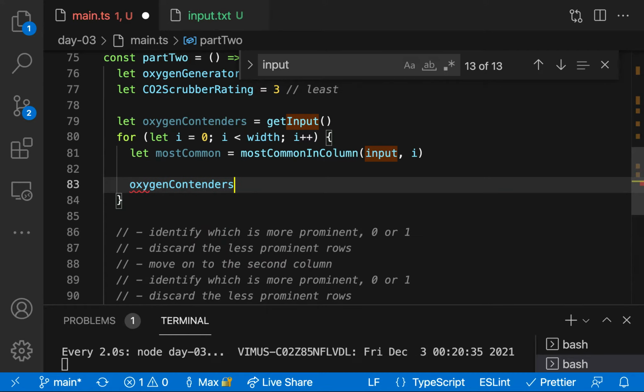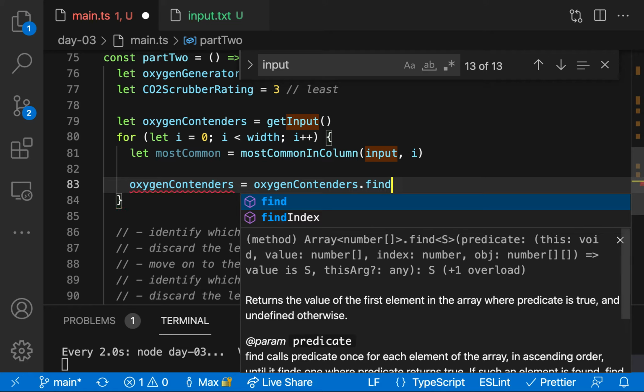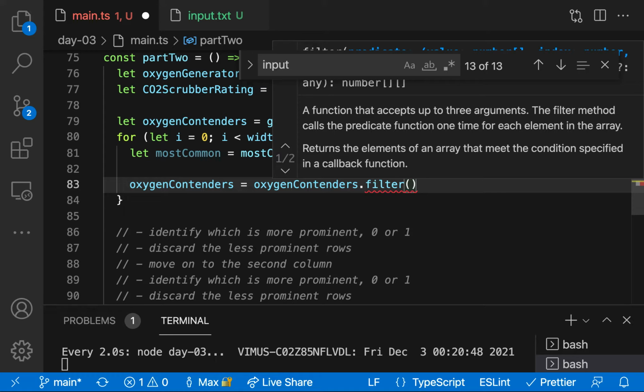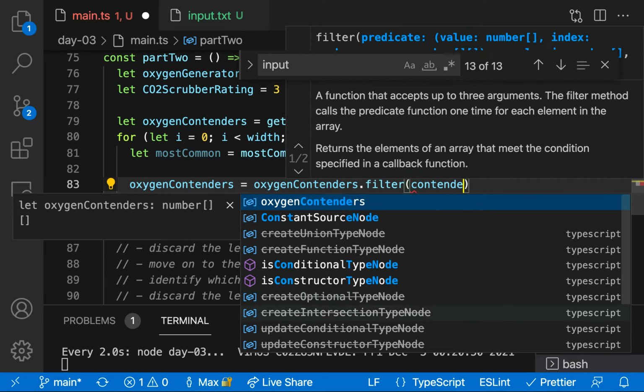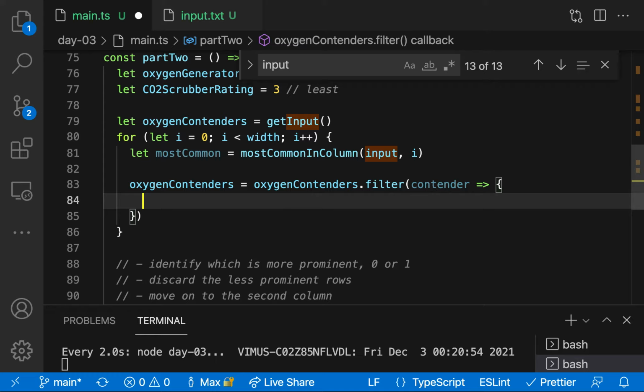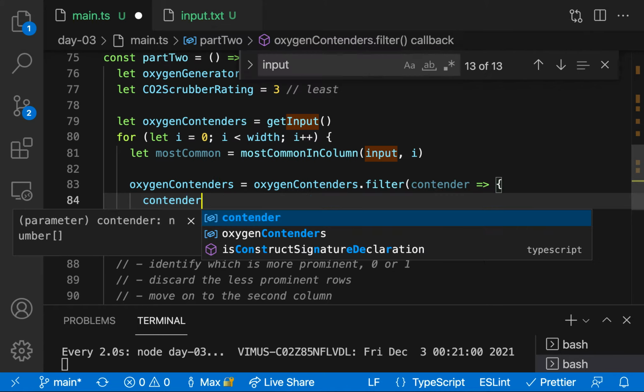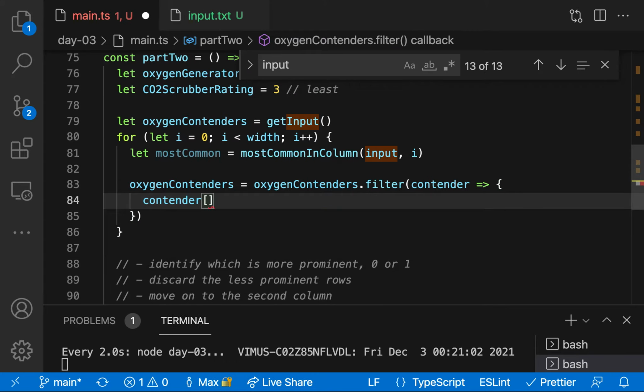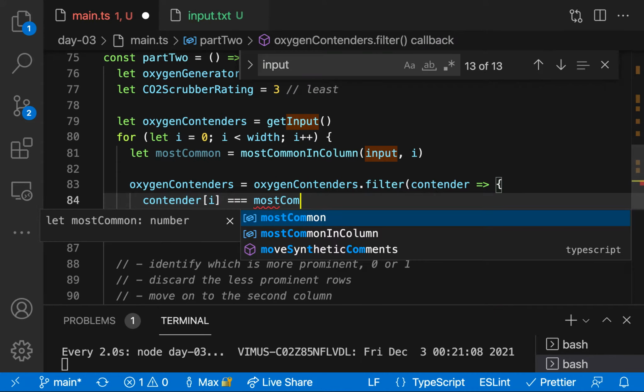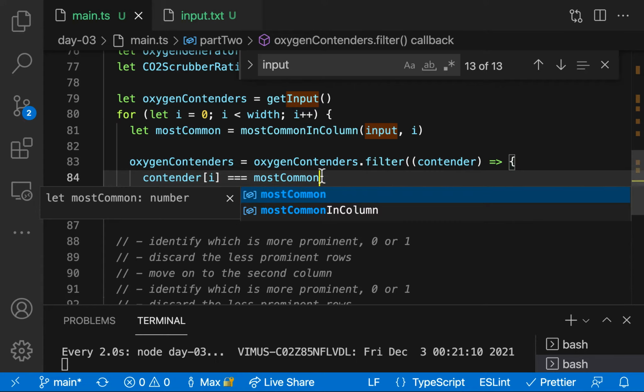So we can say let oxygen contenders equals oxygen contenders dot find, I think. No, we want filter. Contender, and we'll say basically keep it if the value in this column is, so we'll say contender I equals most common, right?